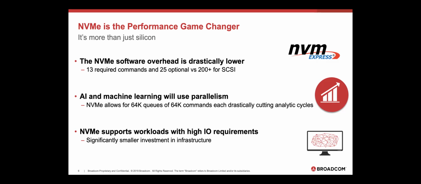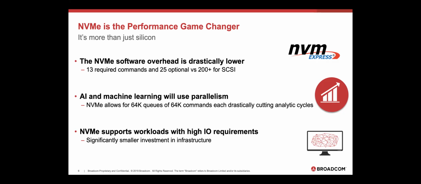Whereas with SCSI, we use SCSI for all kinds of things, right? Controlling printers, controlling tape robots, and all kinds of stuff. And therefore the SCSI protocol is a very good utility protocol, but it just is not very fast. And there hasn't really been much optimization done to the SCSI protocol to try to get it more lean.